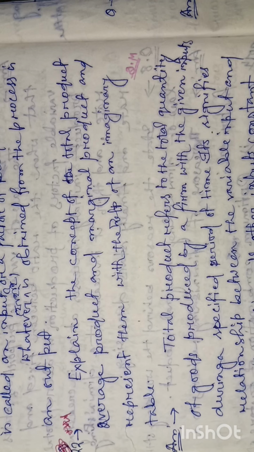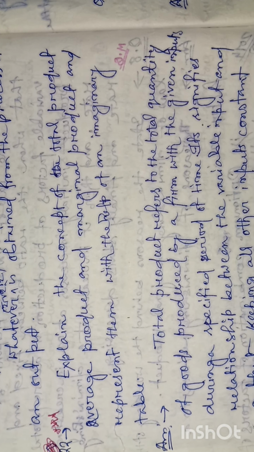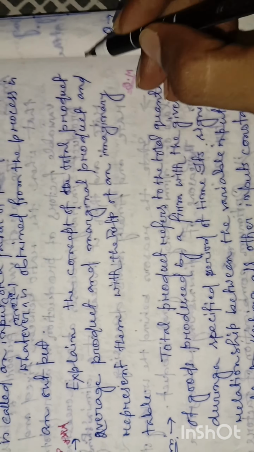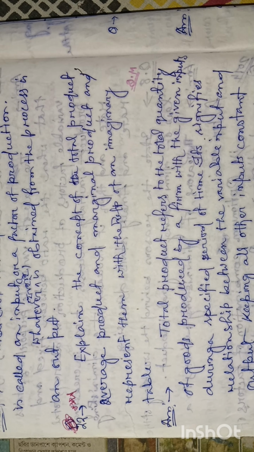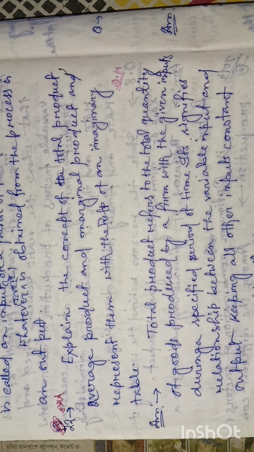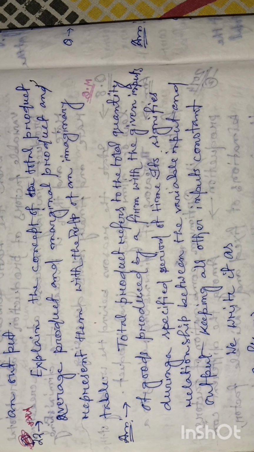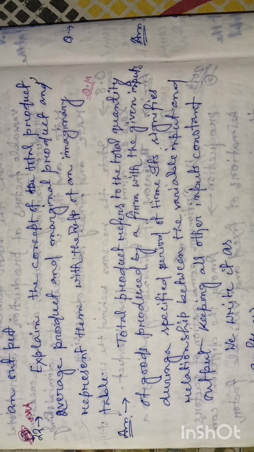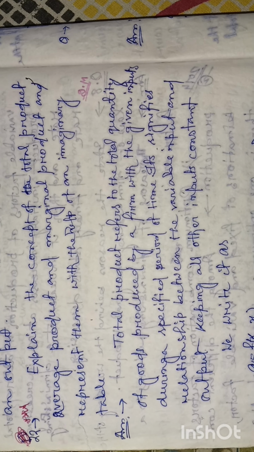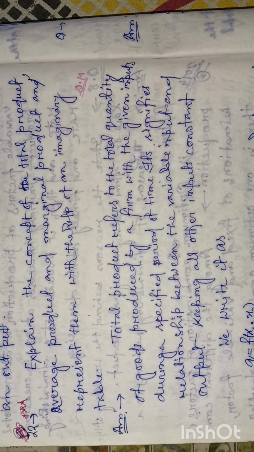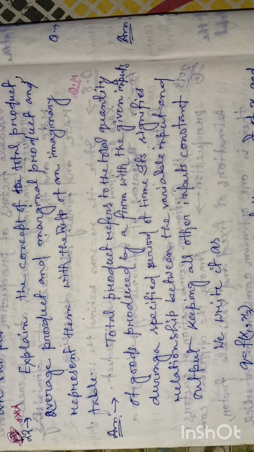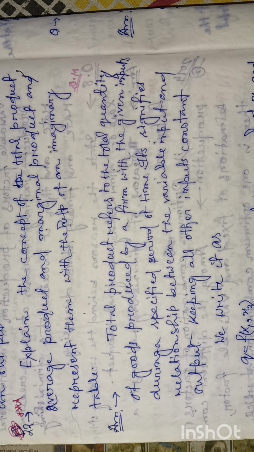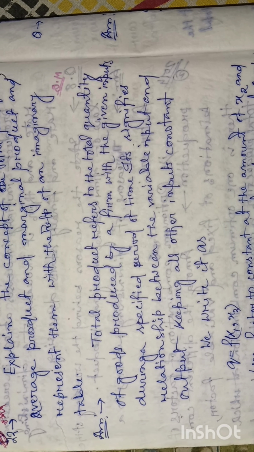Explain the concept of total product, average product, and marginal product, and represent them with the help of an imaginary table. Total product refers to the total quantity of goods produced by a firm with the given inputs during a specified period of time. It signifies relationship between the variable input and output, keeping all other inputs constant.